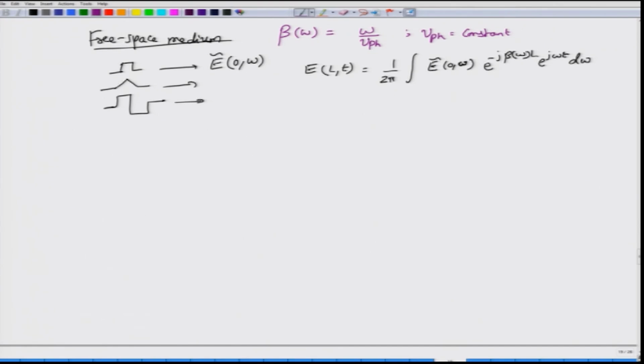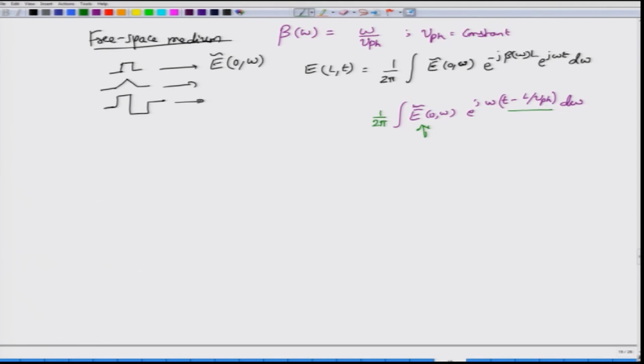Okay. So, when I substitute this into this expression, look at what I actually get. You can also do this in your notebook: take omega as a common factor, so you have t minus L by VPH, d omega. Of course, there is a 1 by 2 pi here, and what you see is that this is the same expression for the inverse Fourier transform of E of 0 comma omega, except that t is replaced by t minus L by VPH.